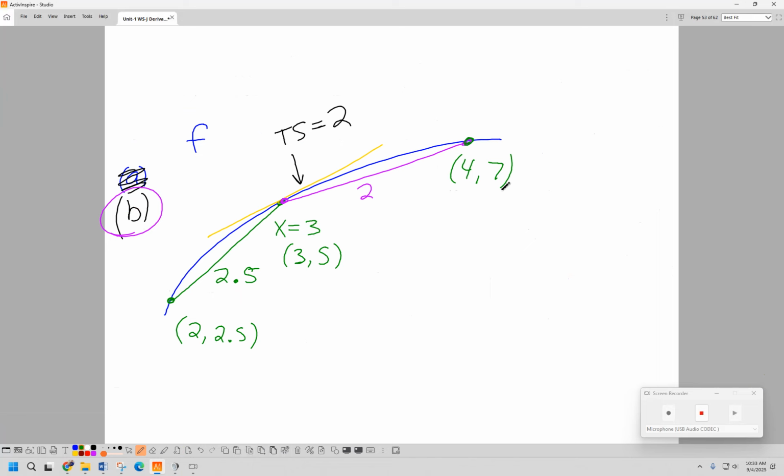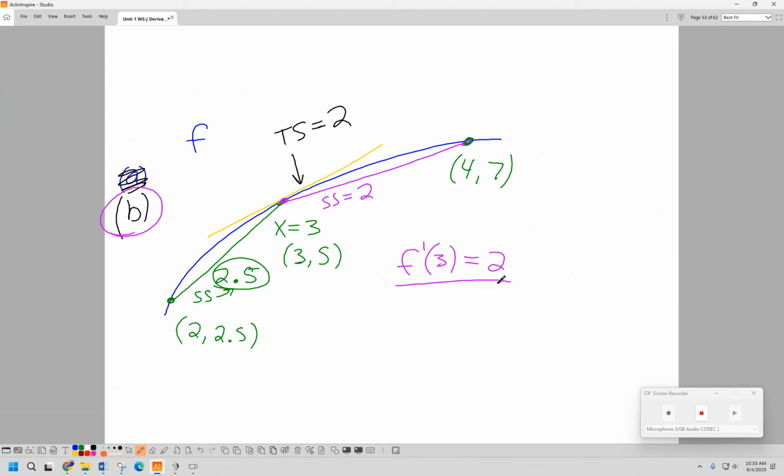So the secant slope right here is 2.5. We know the other secant slope is 2 up here. But they gave us a clue that said f prime at an x value of 3 has a value of 2.